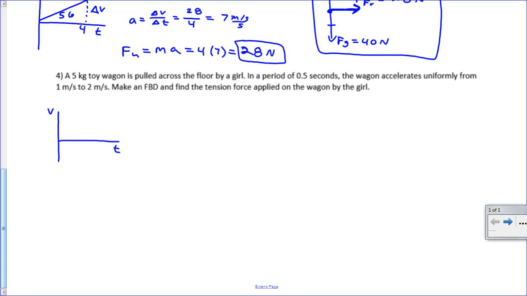Things we know here, we know it started at 1 meter per second and it went up to 2. Okay, we also know that that took a period of 0.5 seconds.